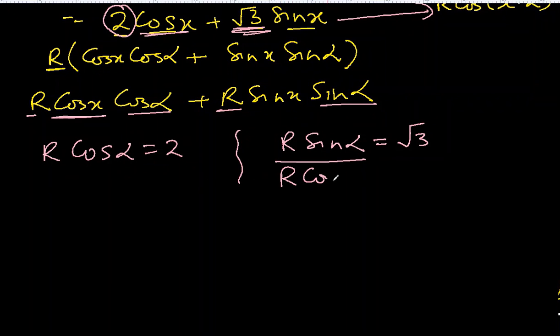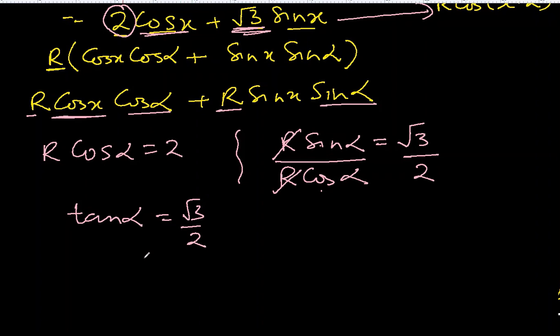And the reason for that is because r and r will cancel and sine over cos will become tan. And that's why we divide this way, not the first by the second. Okay. So it becomes tan alpha. R is cancelled out, square root 3 over 2, and alpha becomes tan inverse square root 3 over 2.